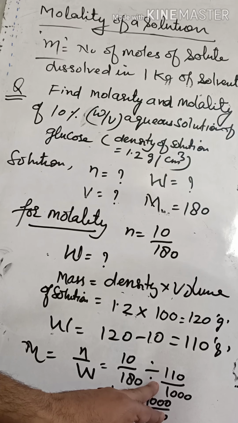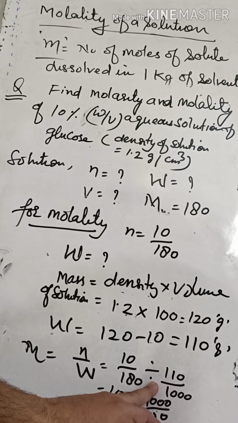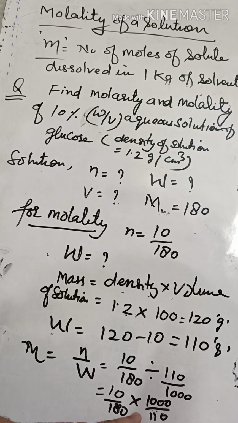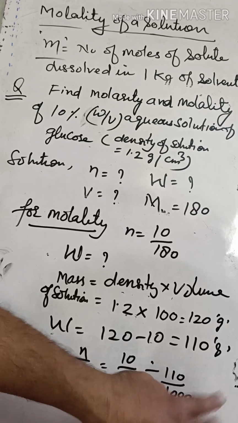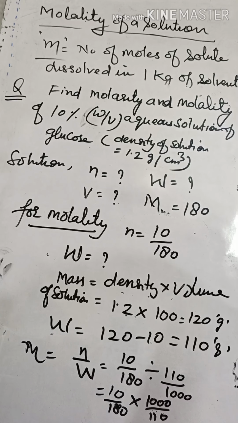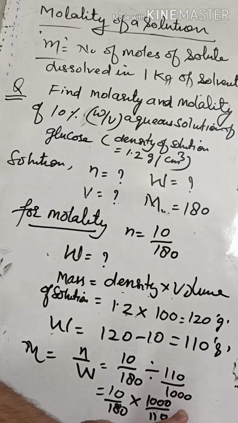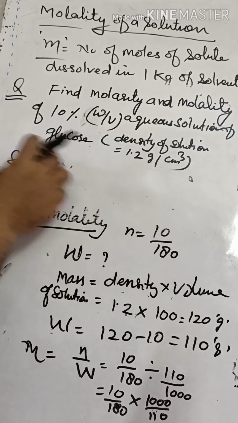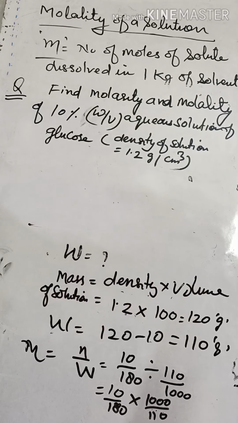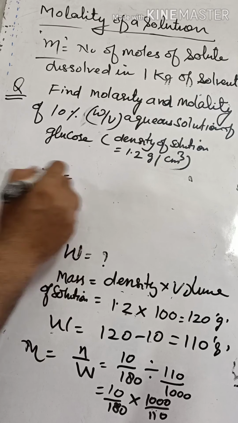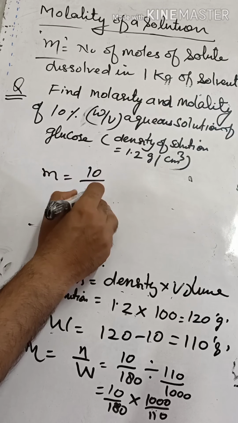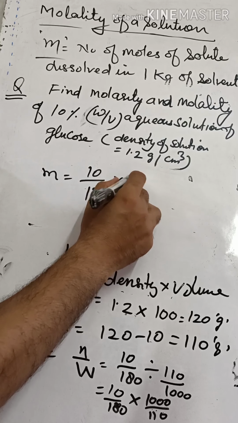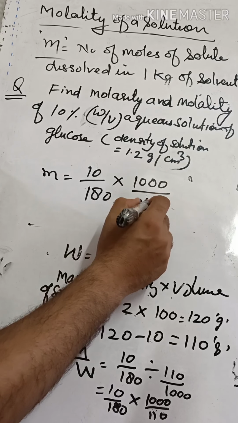When the symbol of division is converted into multiplication, this quantity will get reversed. So molality is equal to 10 upon 180 into 1000 upon 110.